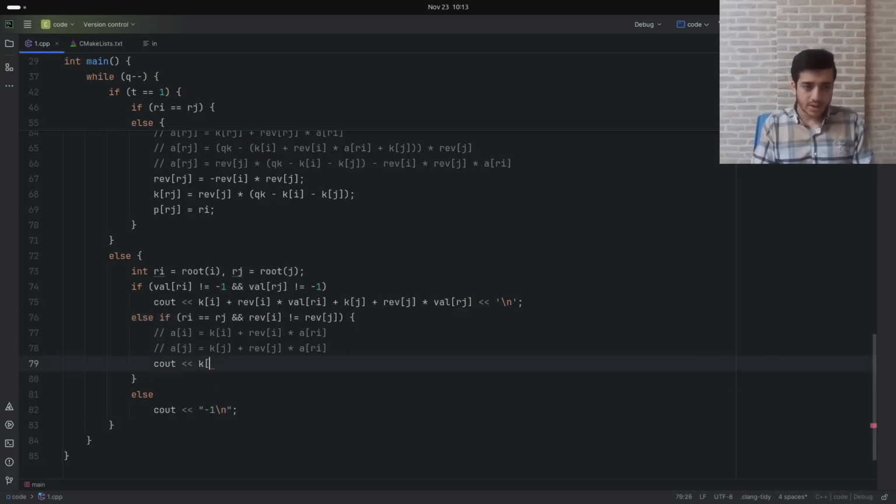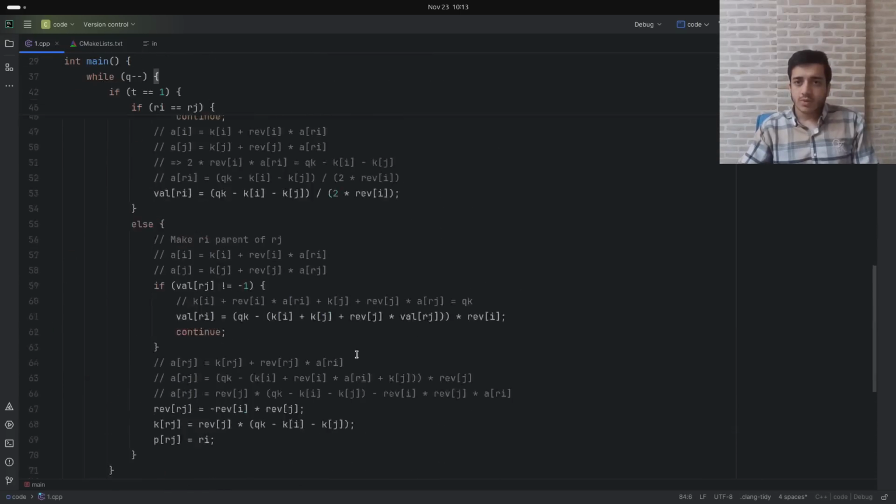Oh, if that's the case, ki plus kj is the answer. So yeah, that works. So this is reverse of that thing. We sum up these things together, and that's it. So yeah, I hope that this works. Okay, I'm done with it.